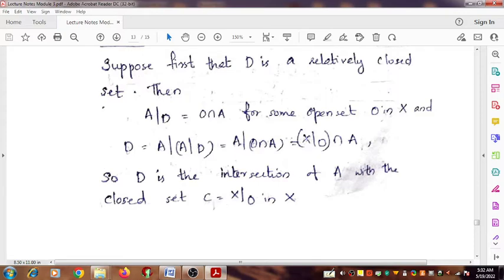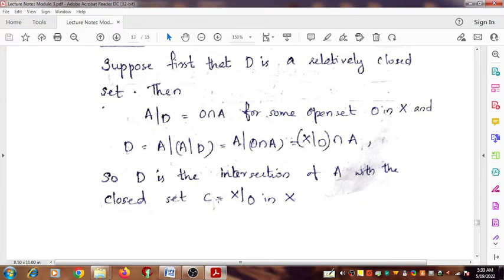Since O is an open set, X minus O is a closed set. That's very clear. So since X minus O is a closed set, D is the intersection of A with a closed set.